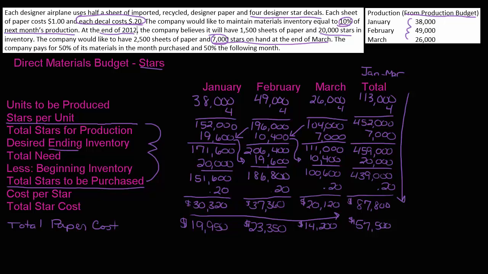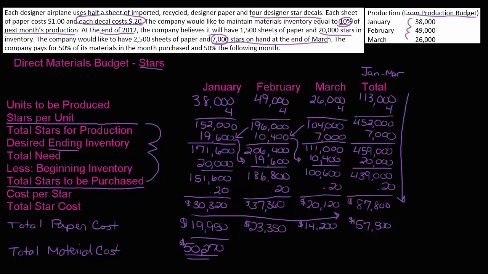Total material cost. Okay, so if I add up the 30,320 plus the 19,950, I'm going to get a total cost of 50,270. So that's total material cost.